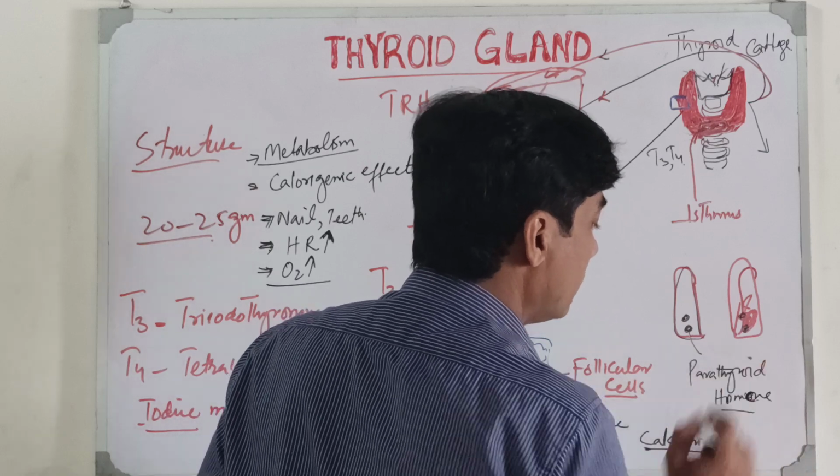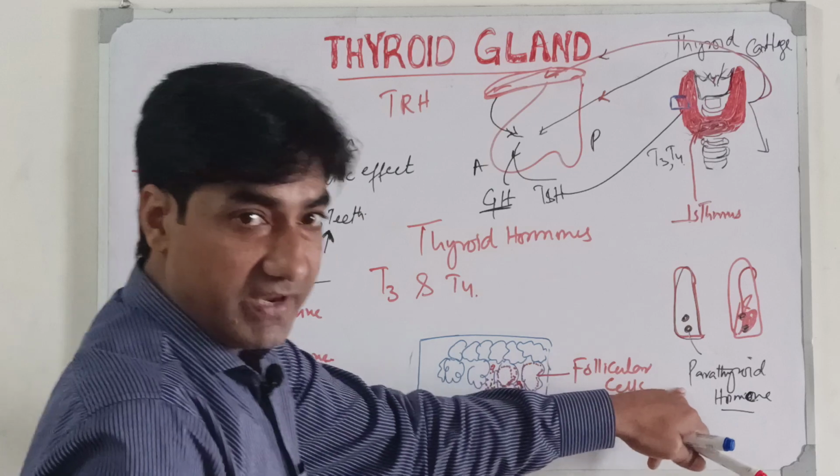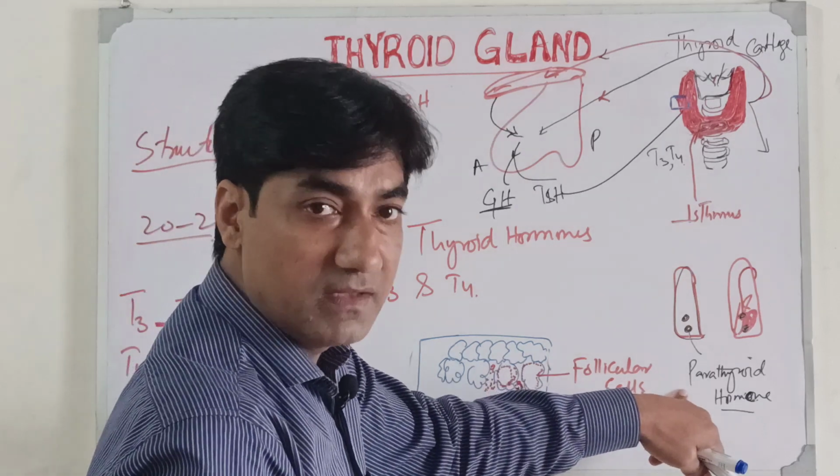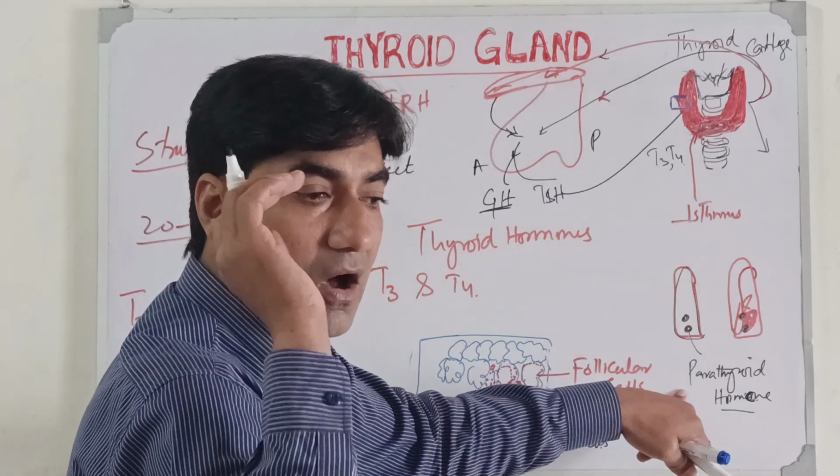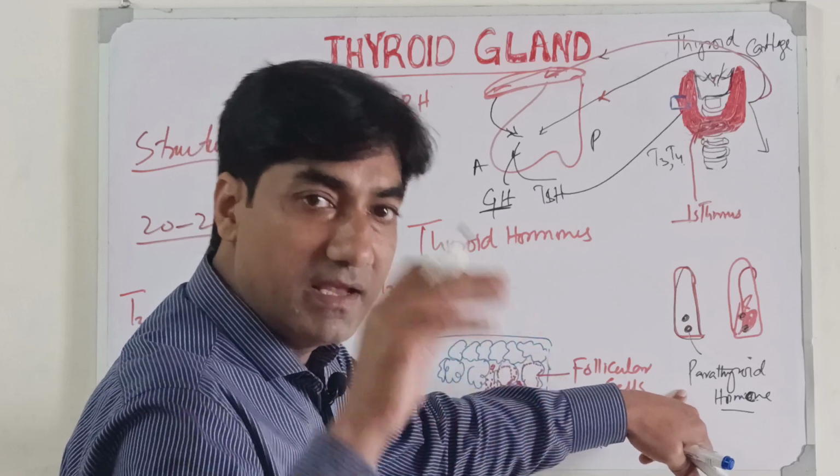This parathyroid hormone is secreted when the calcium level in the blood is decreased.